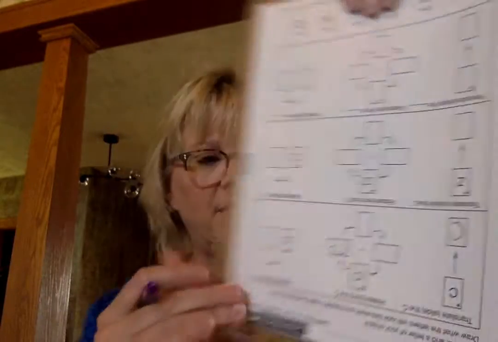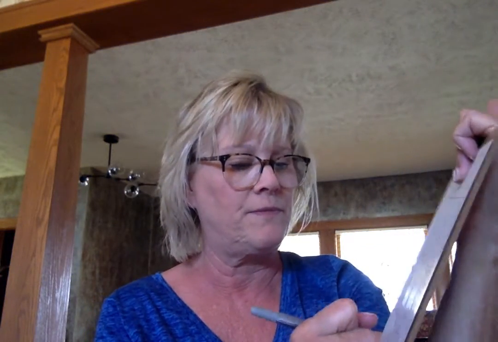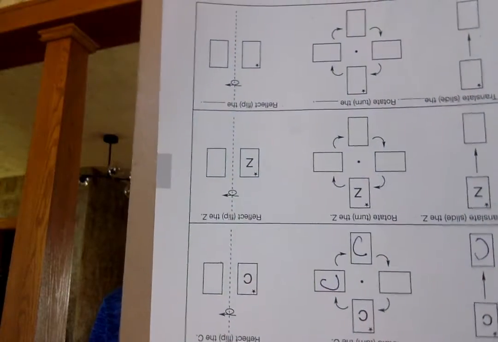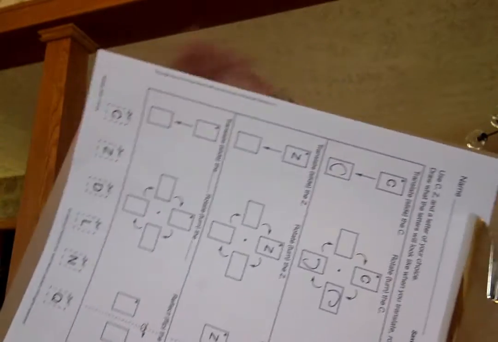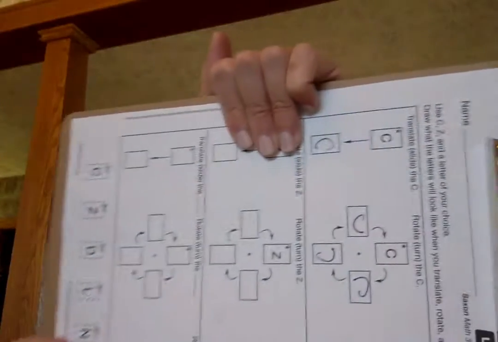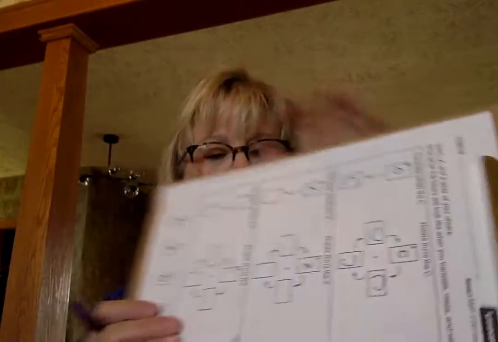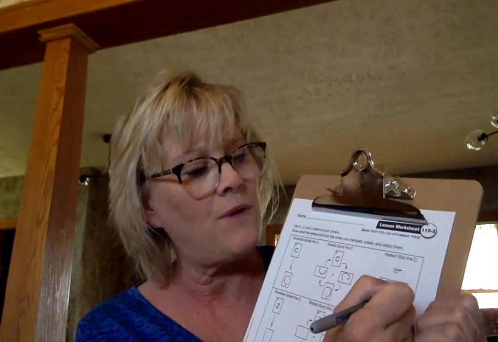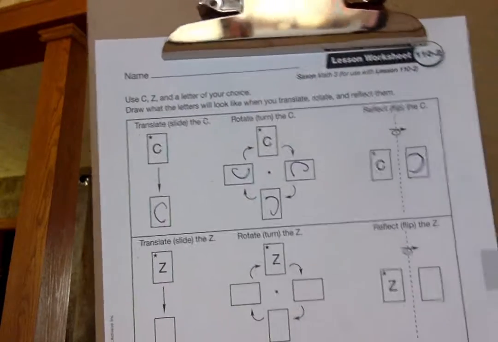Then I'll go upside down, and I'll put it there. And then I'll turn it again, and I'll put my C here. Now use your C and flip it, and then write how it would look backwards.